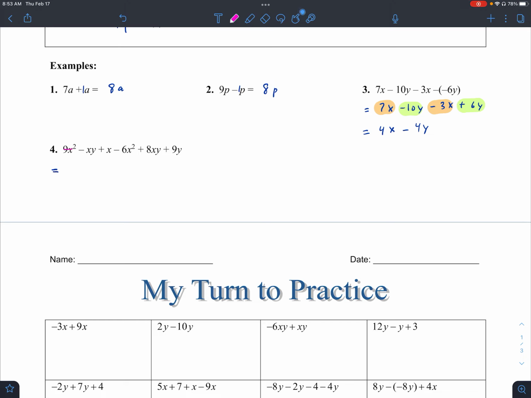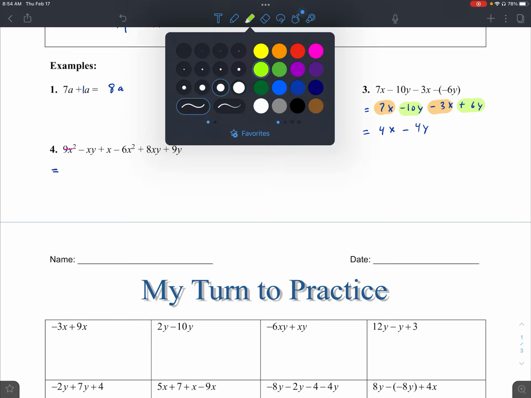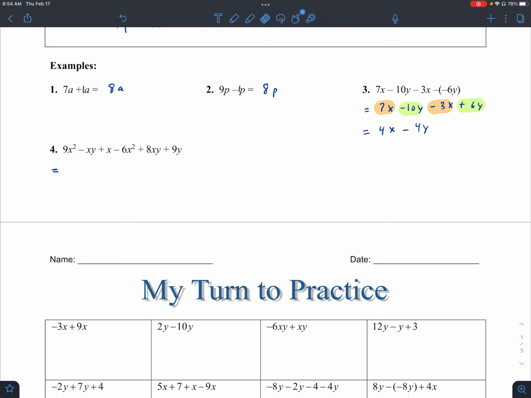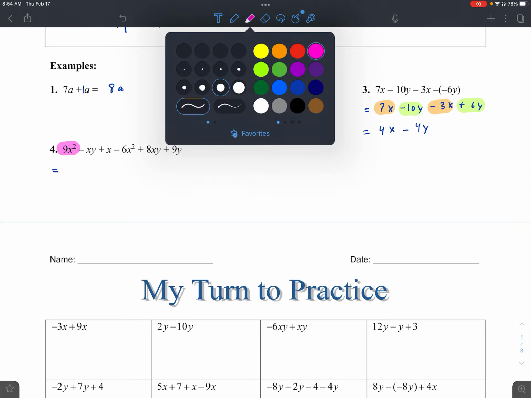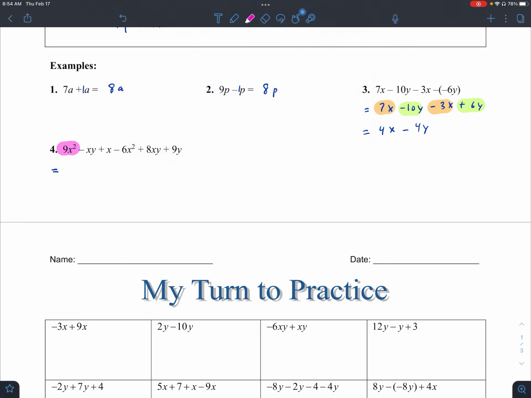So 9x squared and negative 6x squared are like terms because they have the same variable, same exponent on that variable.